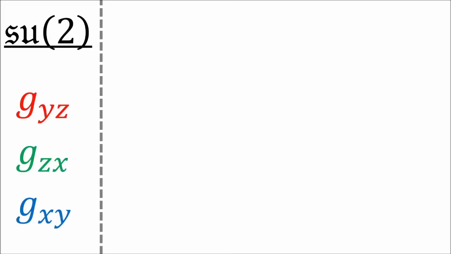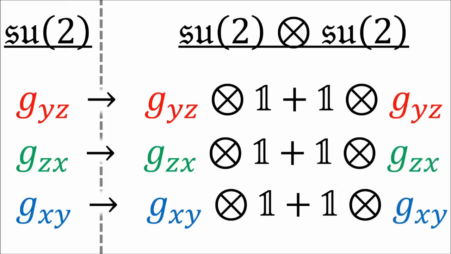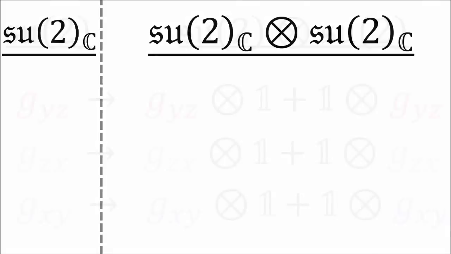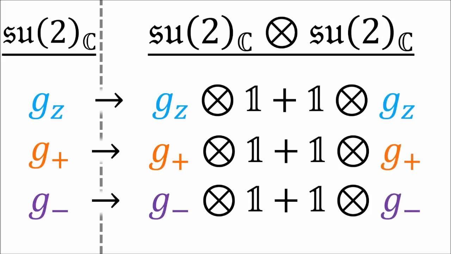We can take the generators in the SU2 Lie algebra and extend them to the space SU2 tensor SU2. We just take the operator tensor the identity plus the identity tensor the operator. The eigenvalue and ladder operators, which live in the complexified version of these Lie algebras, can be extended in the same way.